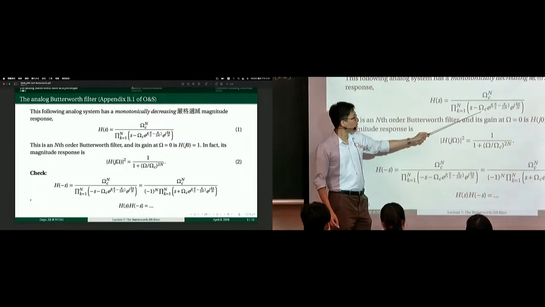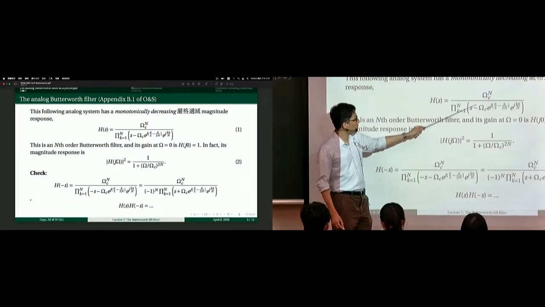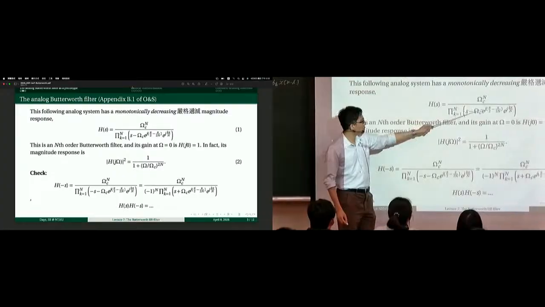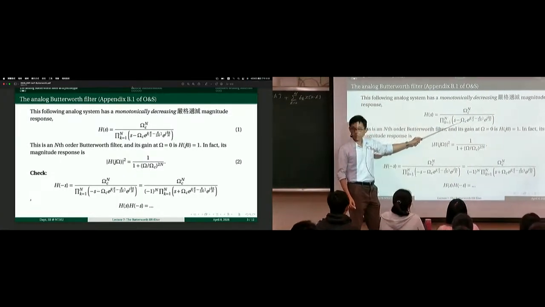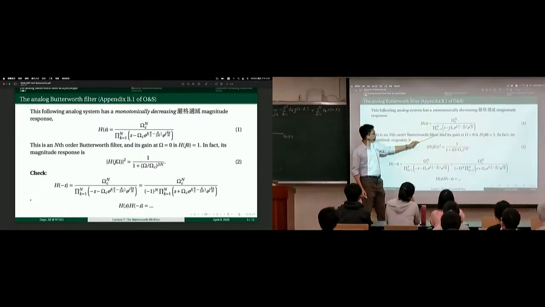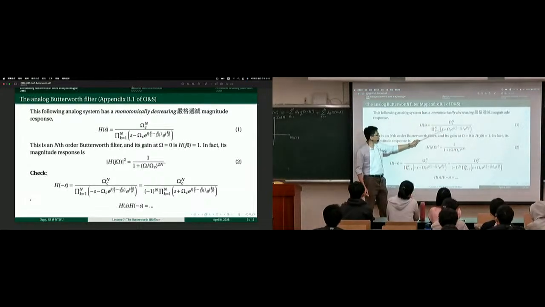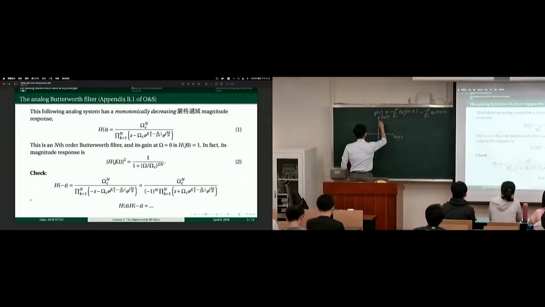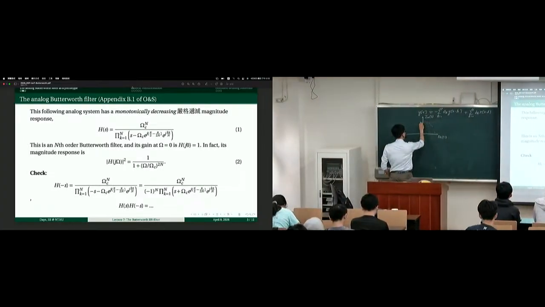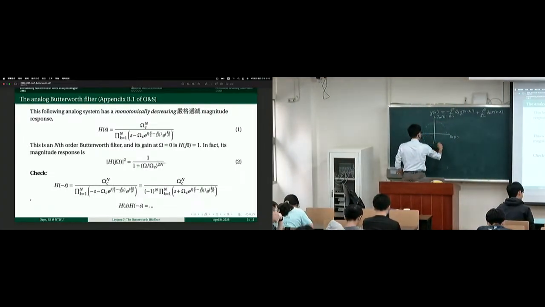And please pay attention that all the poles are located on the same circle. Did you realize? Now we have a circle on the s-plane with this radius, denoted as big omega sub c. So let's try to draw a circle with the radius of, let's say, omega c.